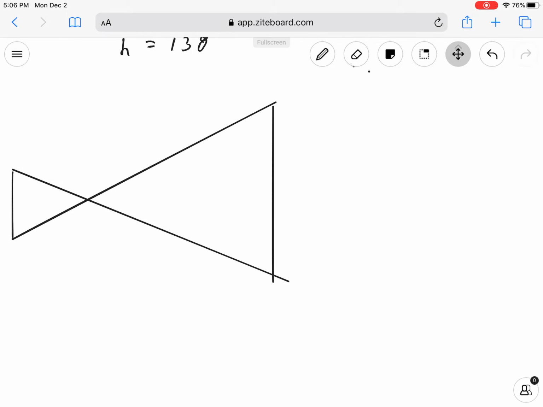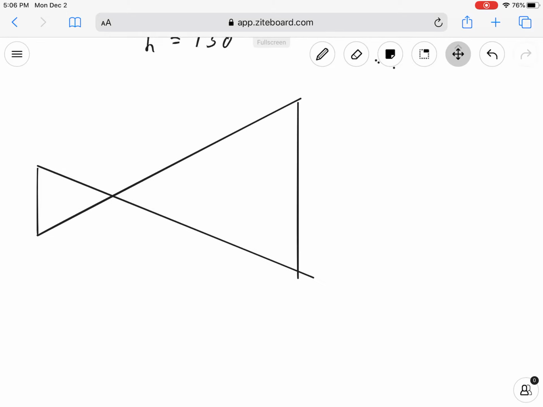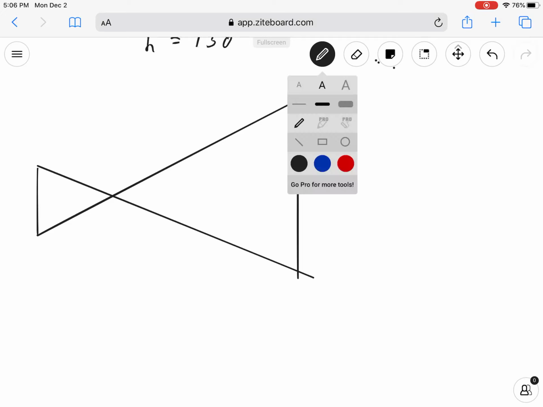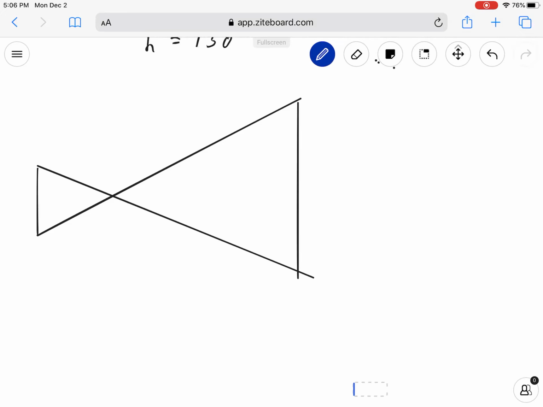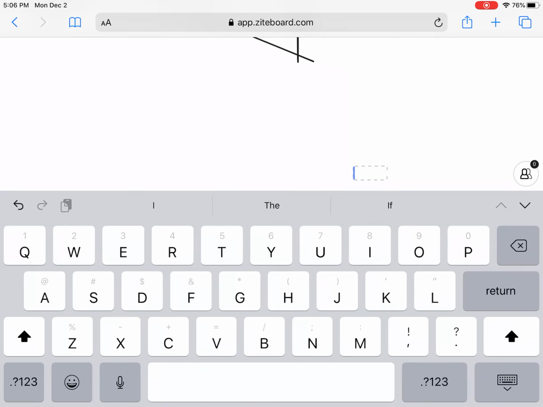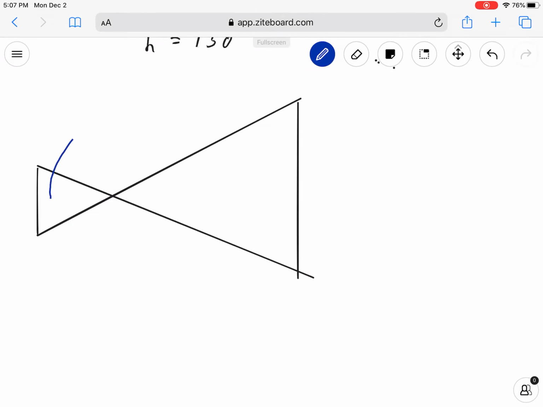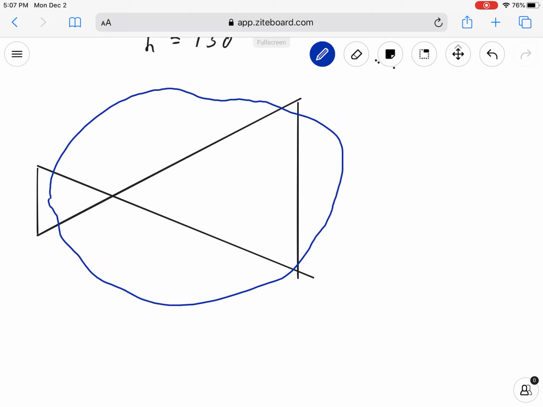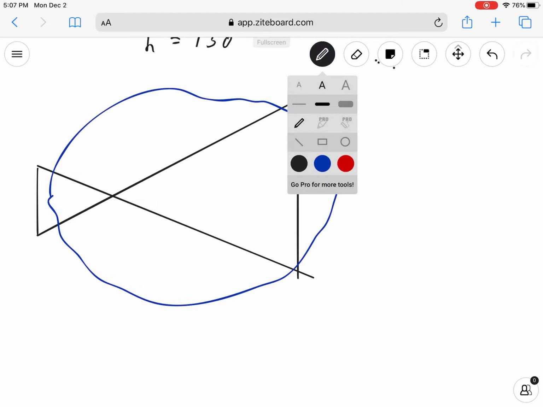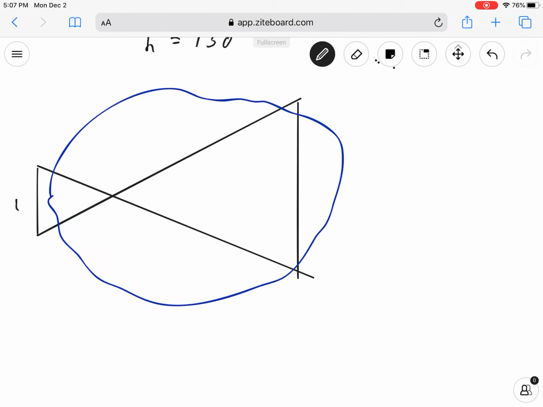So let's say we have here a dimension here, and we have a lake. And we've measured some triangles around the lake, and we do know that this distance here is 12 meters.